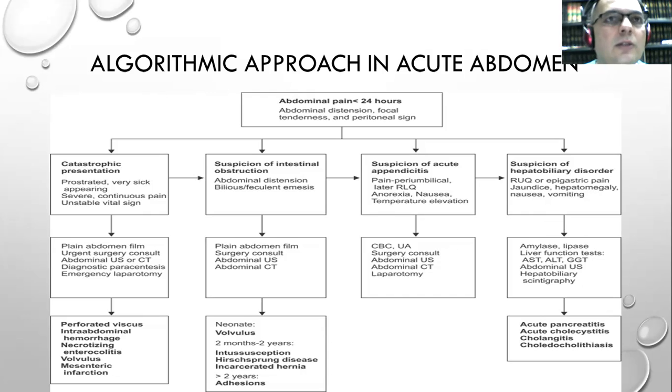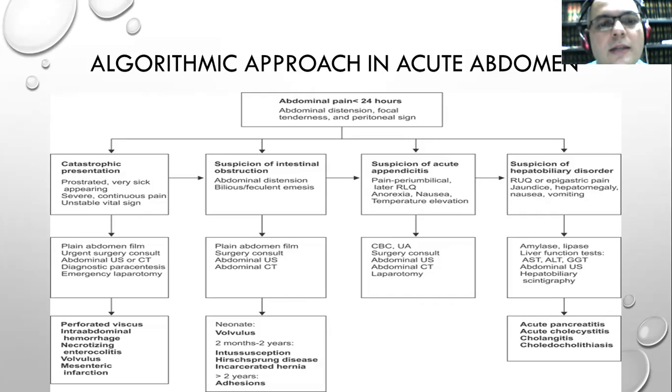We need to investigate with radiology, that is the abdominal ultrasound or a CT scan, and the most common diagnoses might be perforations, then intra-abdominal hemorrhages, NEC, that is necrotizing enterocolitis, then volvulus, mesenteric infections.